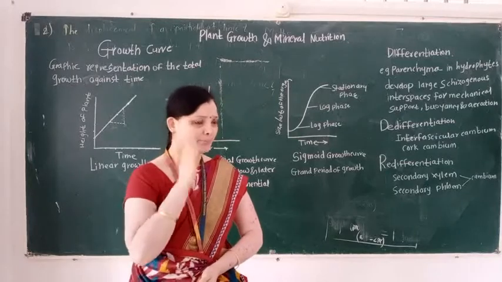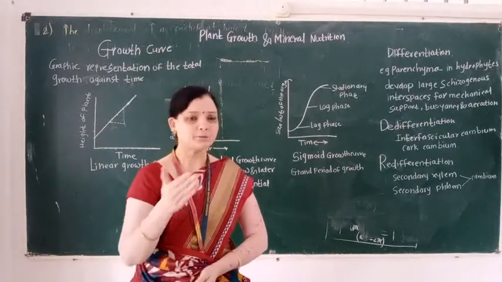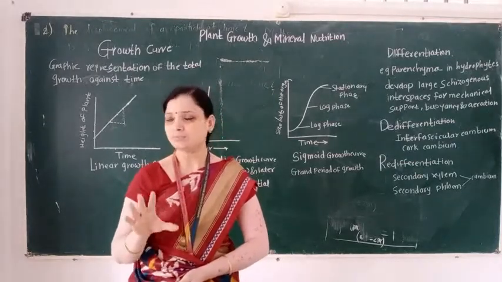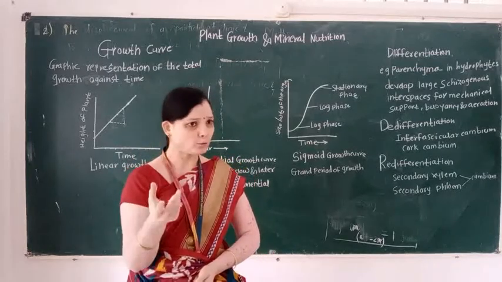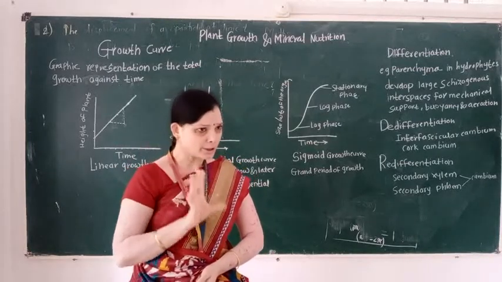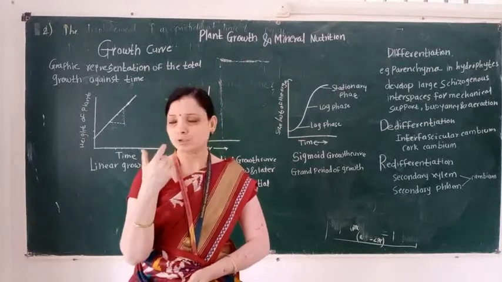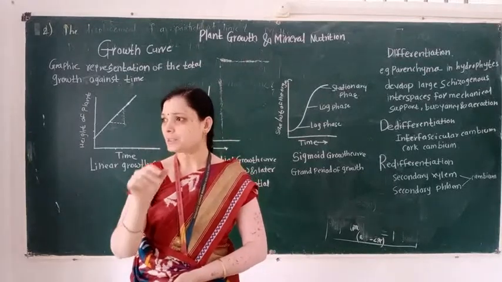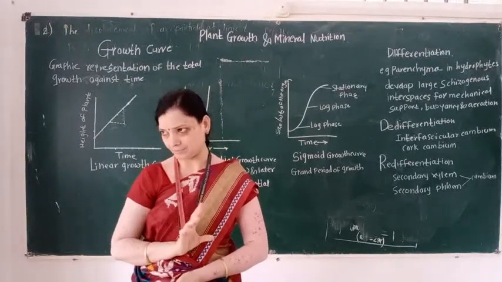Simple meaning: meristematic tissue undergoes cell division and then forms mature tissues which have lost the ability of cell division.